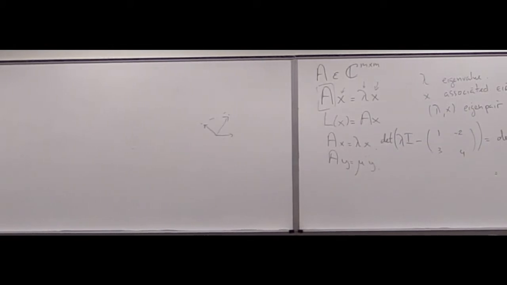The determinant of lambda I minus A comes into play. And what we're going to do is call that the polynomial of degree at most m of lambda. Okay? And that is the characteristic polynomial.